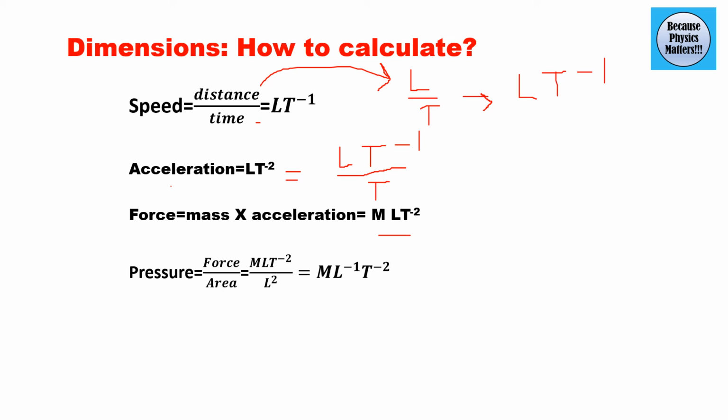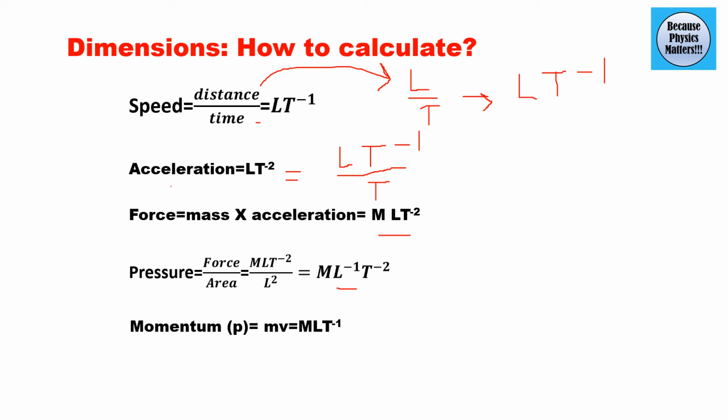For area, we have two things, length L into breadth L, so the dimension will be L2, and in the denominator I have L2. So in the numerator there is MLT minus 2, and your dimension for pressure will be ML minus 1 T minus 2.